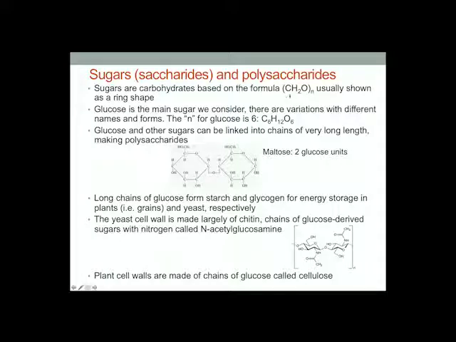As sugars in water solution, these carbohydrate molecules take on a ring-like structure. If you think back to glucose that I was showing the example of, those are formed as a ring. In fact, glucose is the main sugar that we consider. It's the most elemental or essential sugar that is important for life.